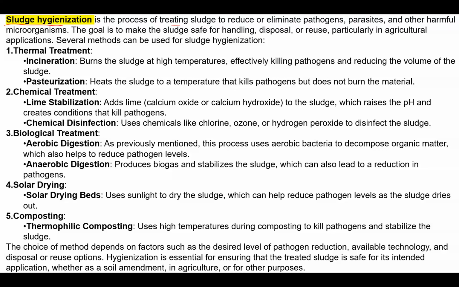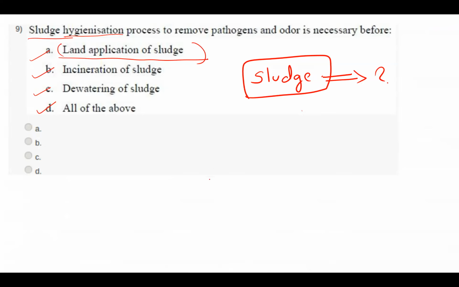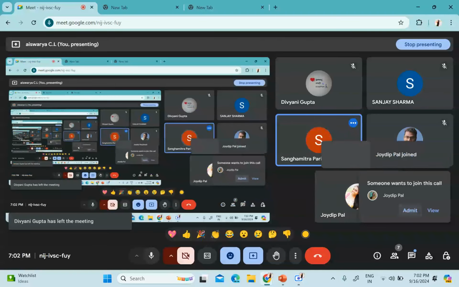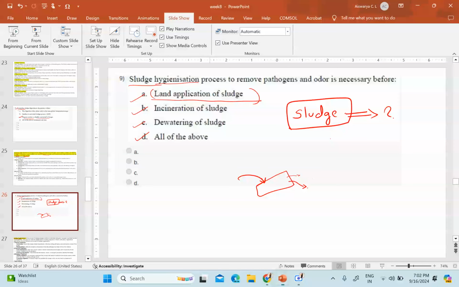It is very simple. If you just dispose of it like this in the open land, what happens? If we are directly disposing the sludge there, pathogens affect the area, and the area is contaminated.